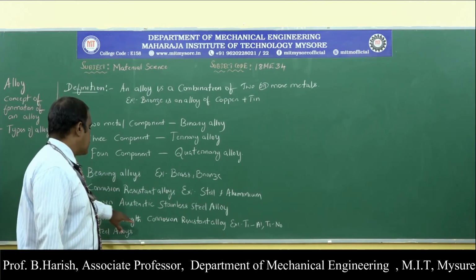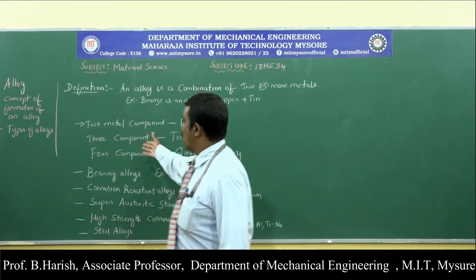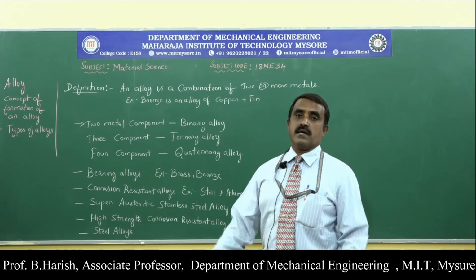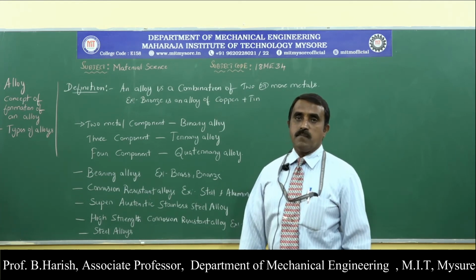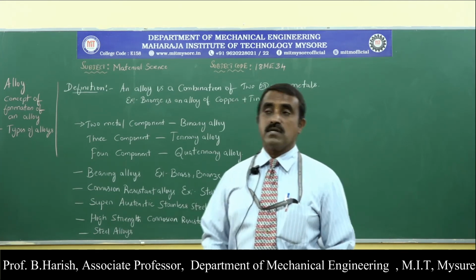Then the fourth one is high strength corrosion resistant alloy. We have already got corrosion resistance alloy, so increasing that. In many applications, the material should be highly corrosion resistant.